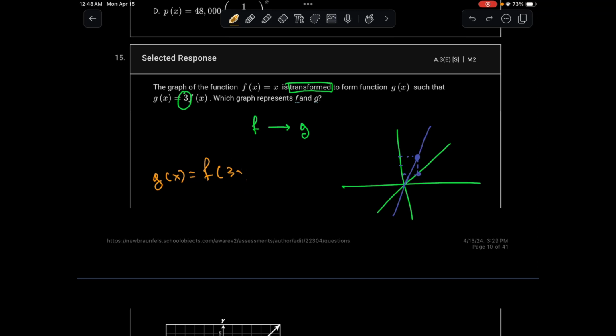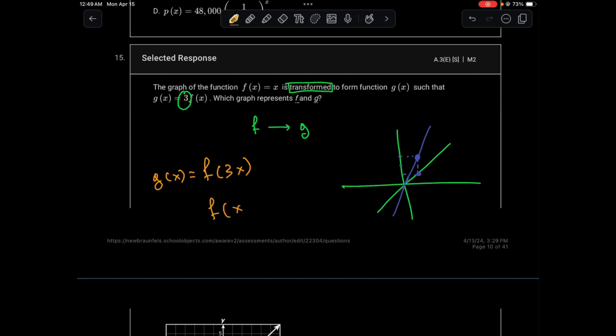But because it's not associated with the x, it's on the front, then that manipulates the y coordinate. And just to make a little review here, if it was f of 3x, because the x coordinate doesn't really follow common sense, instead of making it 3 times wider, we would make it 3 times narrower.